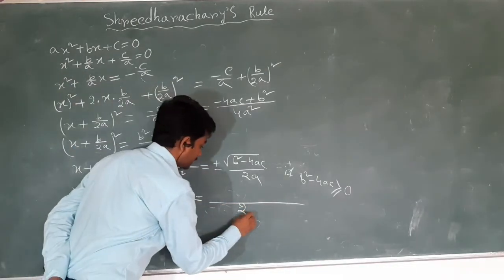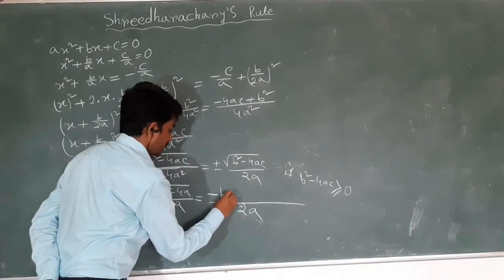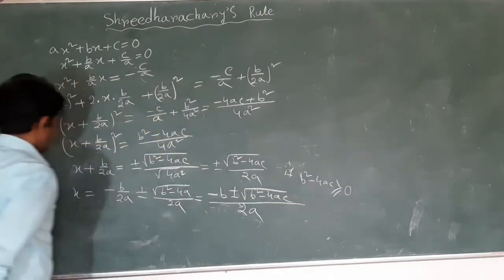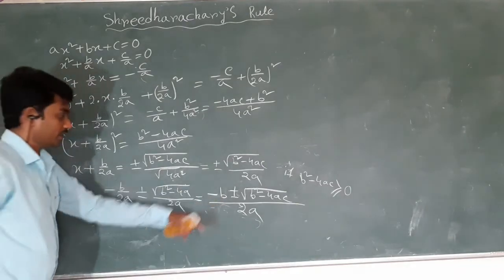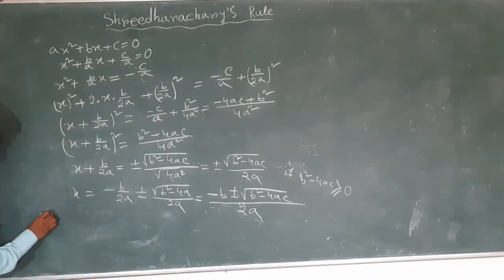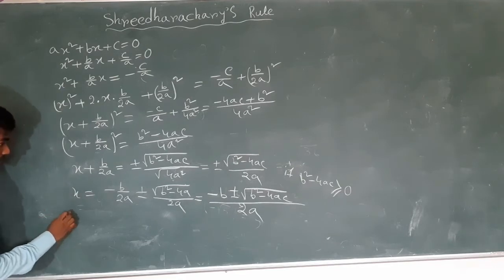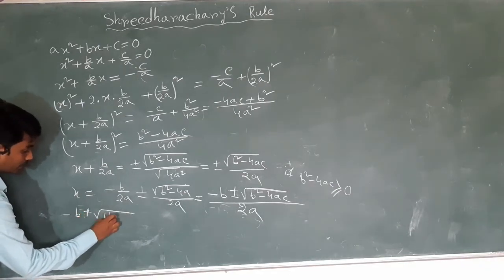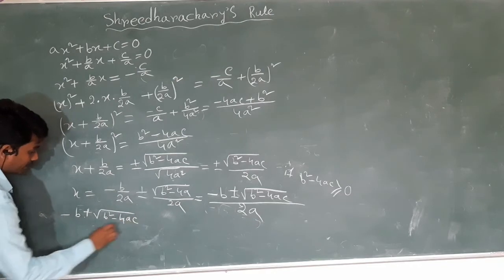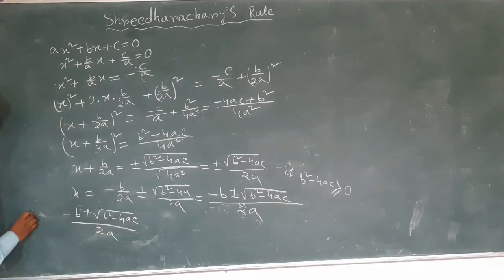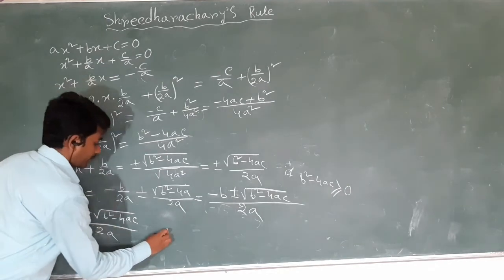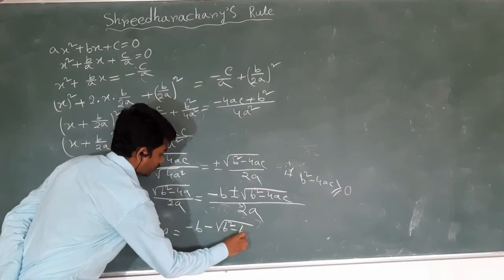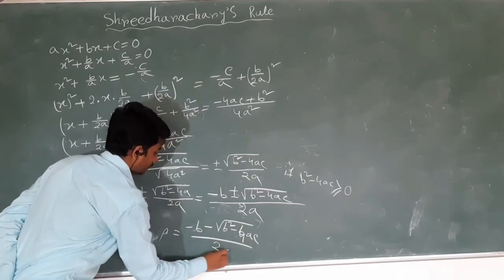2a will be the LCM. So minus b plus minus under root b square minus 4ac upon 2a. So x has two distinct values. One is, suppose alpha, minus b plus under root b square minus 4ac upon 2a, and the other is minus b minus under root b square minus 4ac upon 2a.